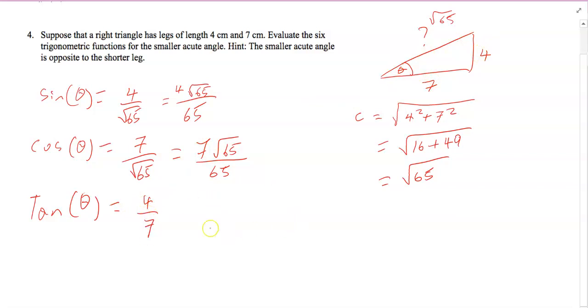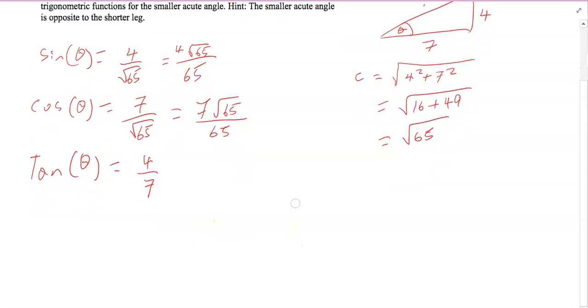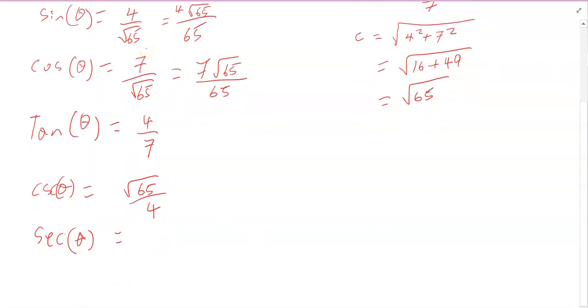Let's look at the reciprocal functions. Cosecant theta, you put 1 divided by 4 over root 65, so that becomes root 65 over 4. Secant theta equal to 1 over 7 over root 65.